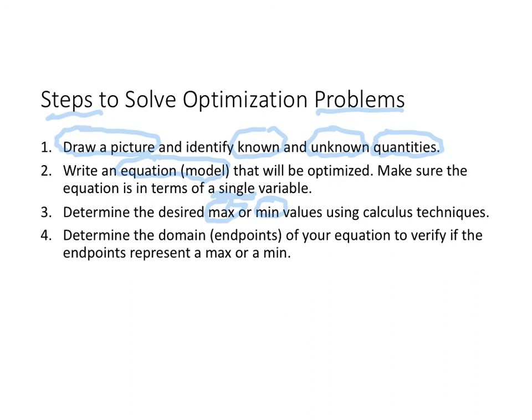In our previous example, we had to look to see which answers were valid and which were not. Those that were not resulted in negative distances. So you also want to see if the endpoints represent a max or a min. And this is basically the steps you follow for any optimization problem.